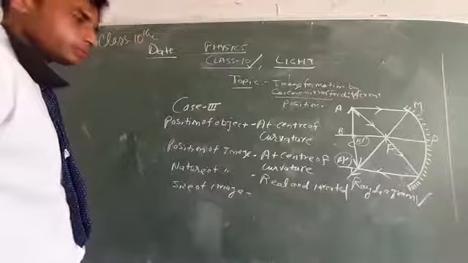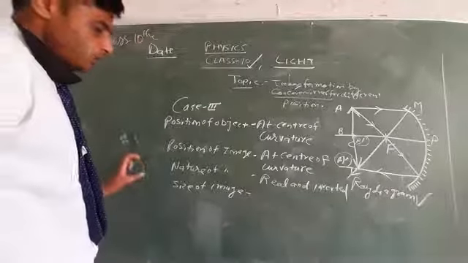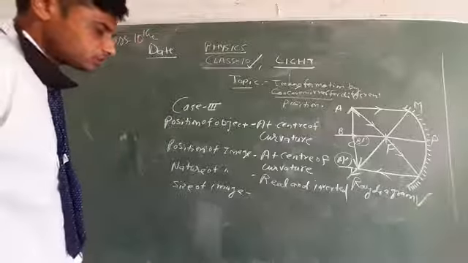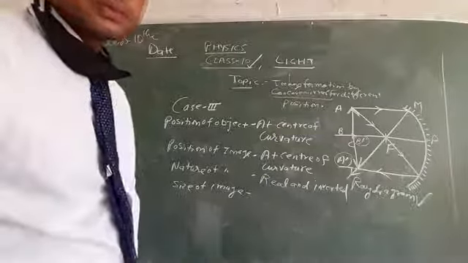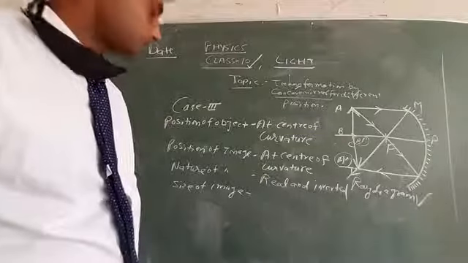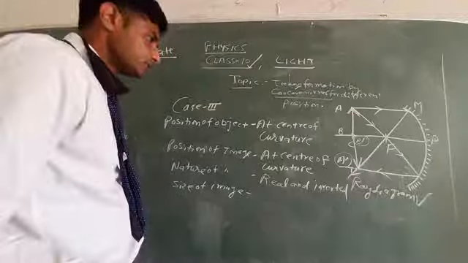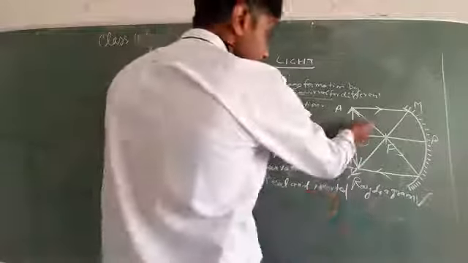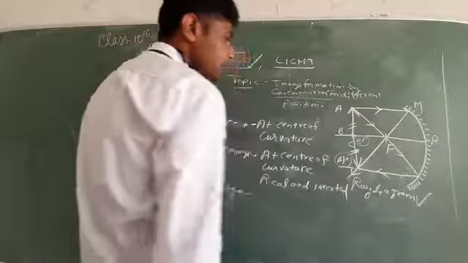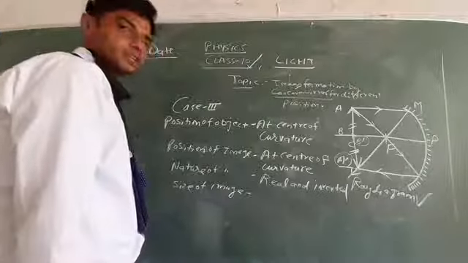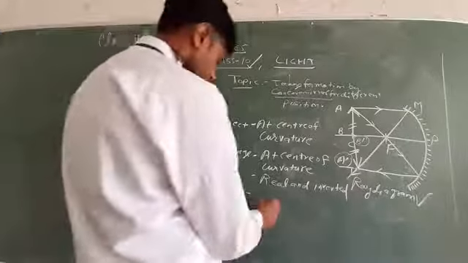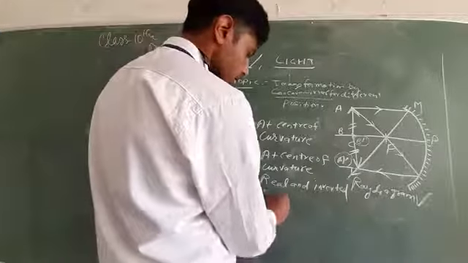Okay. Now we have to discuss the size of the image. What is the size of the image? As you can see, the size of the object and the image is the same. So the size of the image is the same size.